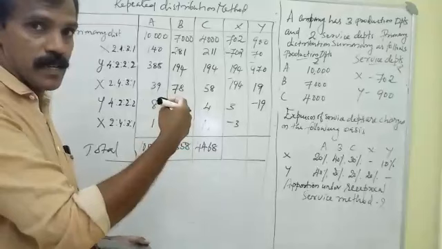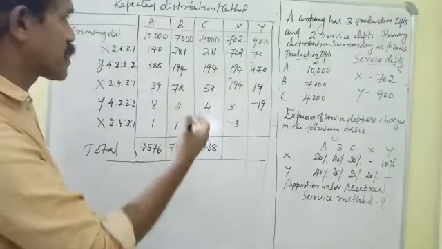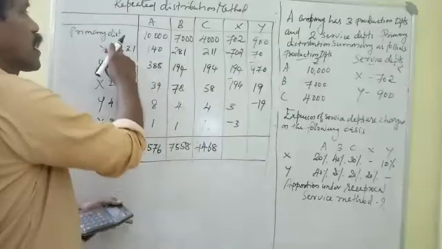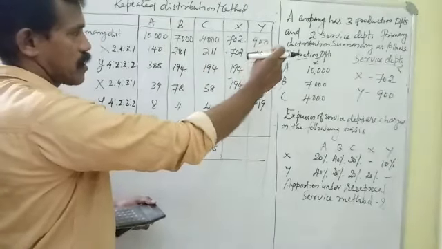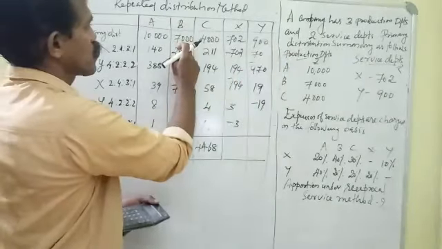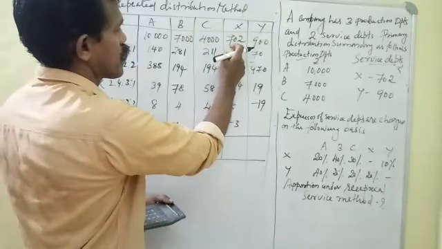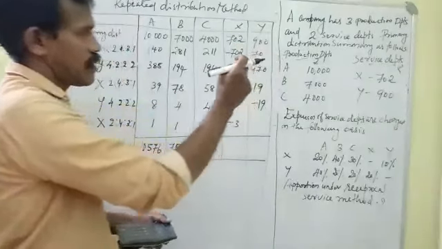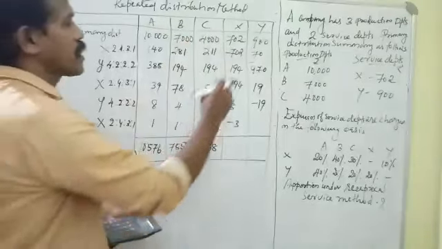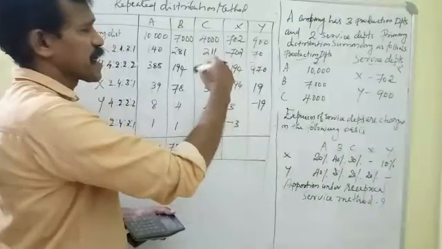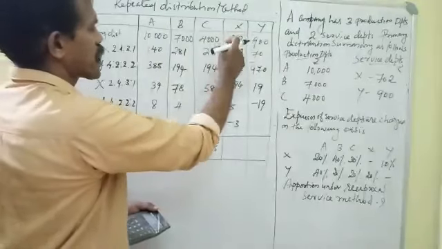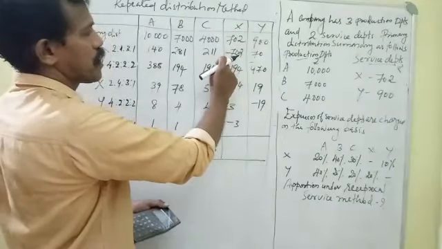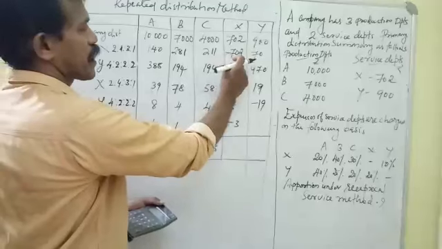Then I explain to you once again what we did here. Firstly, we write the primary distribution summary: already given 10,000, 7,000, then 4,000, and then 702 and 900. Then after that we repeatedly redistribute the service departments' overhead among all other departments. Firstly, we take the 702, so I put a minus sign here, 702.